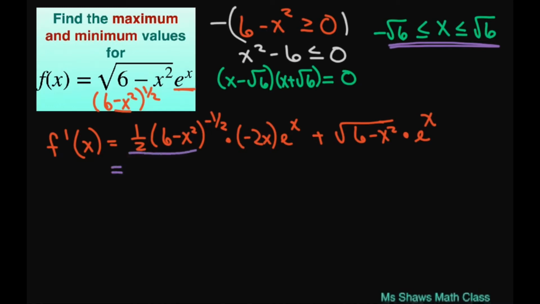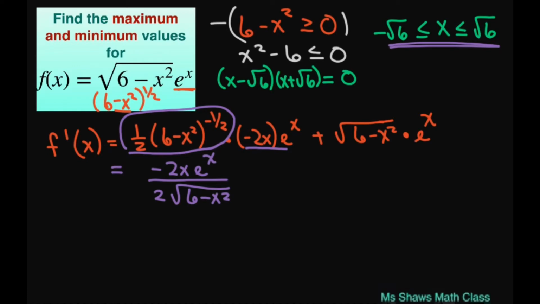This whole thing is going to go in your denominator, and this is going to go in your numerator. So negative 2x times e to the power of x divided by 2 square root of 6 minus x squared. Now the 2's will cancel here, so let's get rid of that. And then we still have square root of 6 minus x squared times e to the power of x.